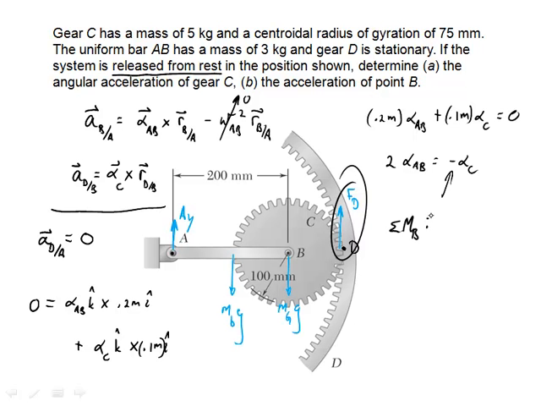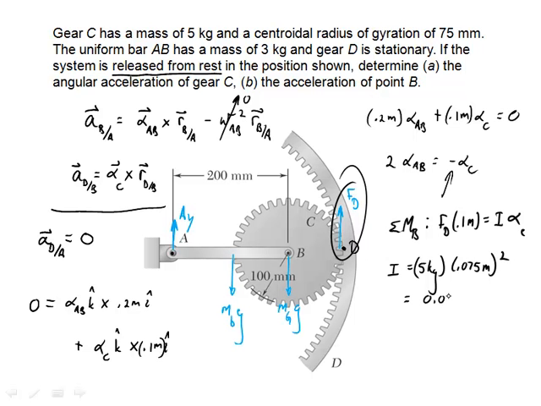And so the moment is going to be F_D times the radius, which is 0.1 meters, and that's going to equal I alpha of the gear C. The gear has a mass of 5 kilograms, so the moment of inertia is 5 kilograms times the radius of gyration, which is 0.075 meters, and that's all squared.